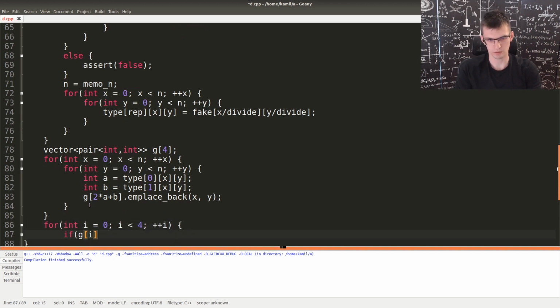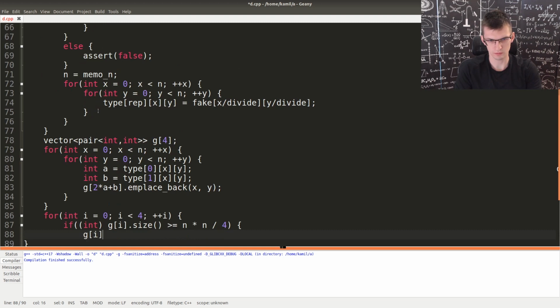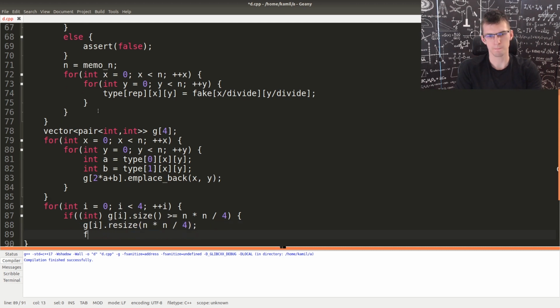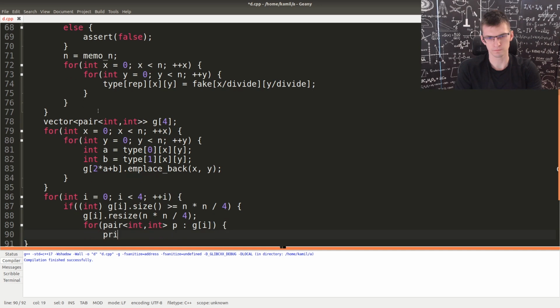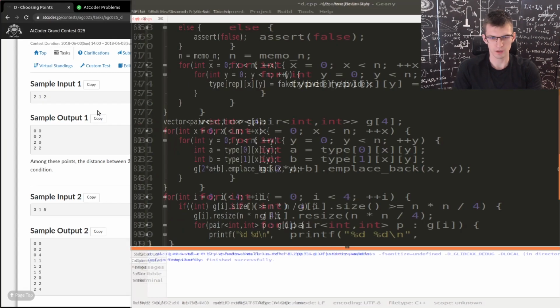If size is enough. And square by 4. How do they number?